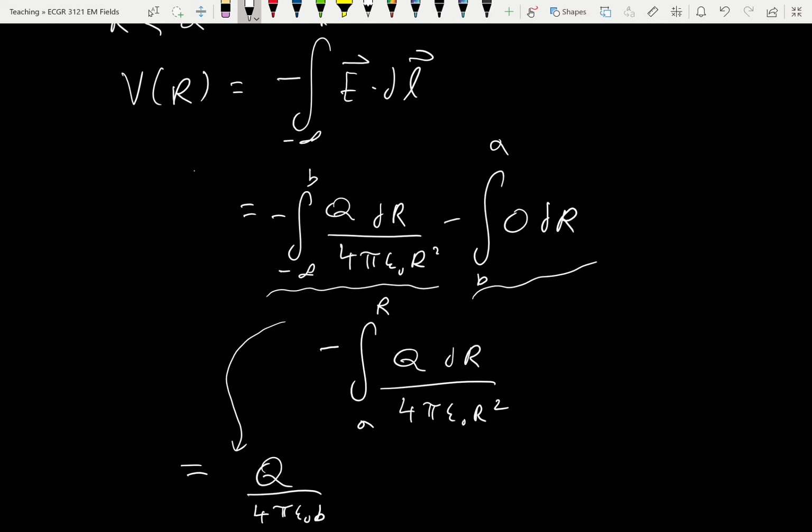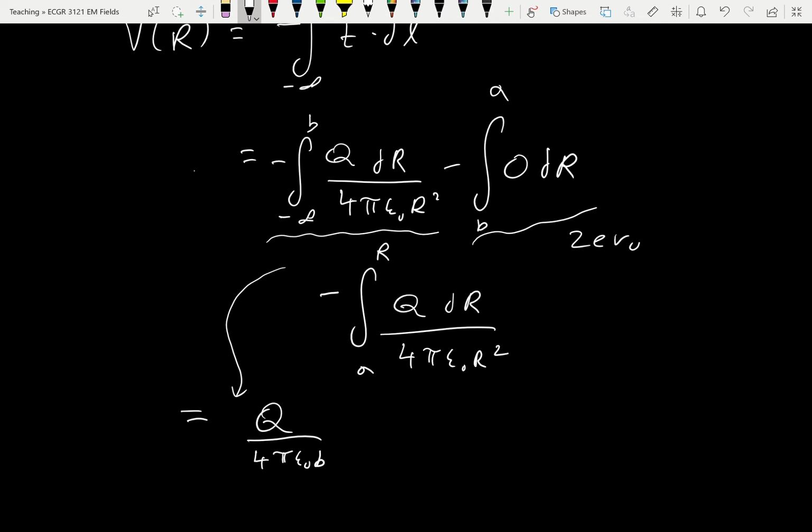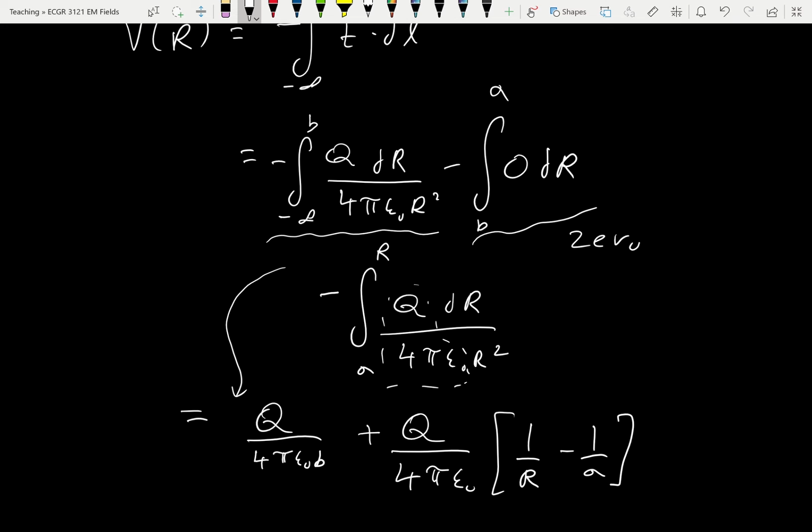This part is 0. And then the final part is going to be plus Q over 4 pi epsilon naught. I took Q over 4 pi epsilon naught out, the constant. And then I integrate minus 1 over r squared. I end up with 1 over r. And then I put in the limits of the integral. So this becomes 1 over r minus 1 over a.